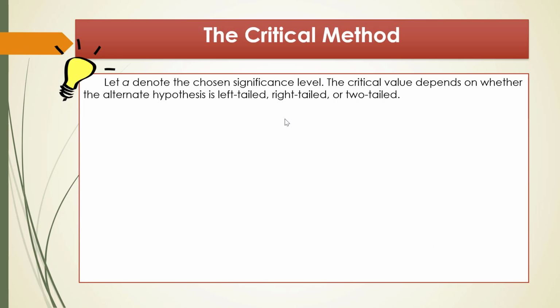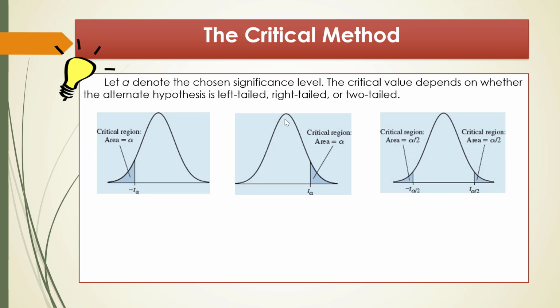And now let's look at these three pictures. First, for the left tail, the critical value should be a negative number that separates alpha area to the left and 1 minus alpha to the right. So if the test statistic falls into this shaded area, we reject the null hypothesis. That means if t is less than or equal to minus t alpha, we reject the null hypothesis.